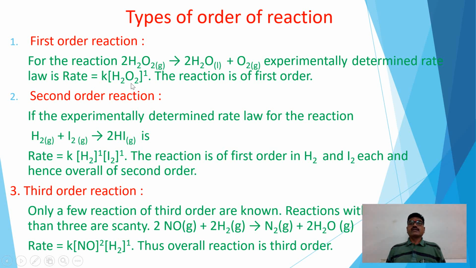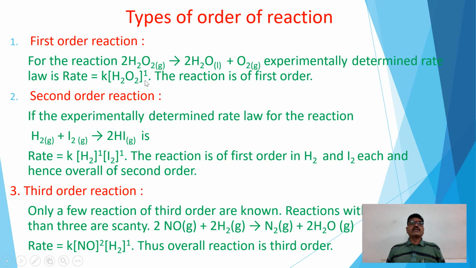And therefore, the order of reaction is also an experimental thing. In this case, the experimentally determined rate law for this reaction is this. That is, rate depends upon the molar concentration of this reactant, that is H2O2. So the rate is given like this.